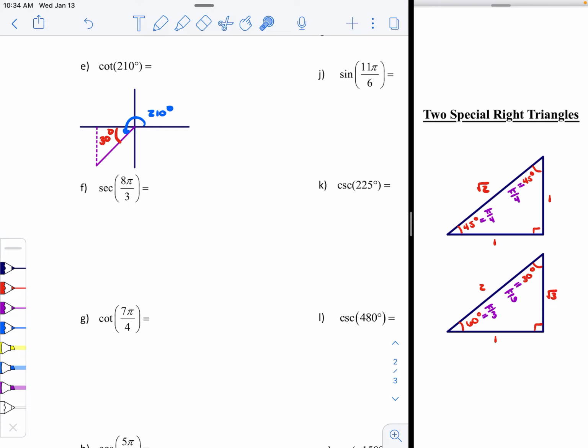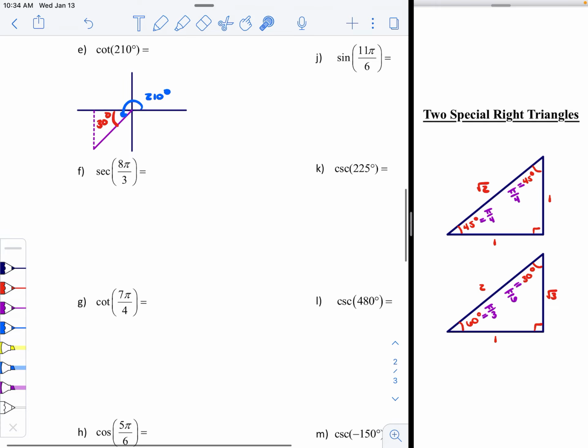If the terminal side of your angle falls in quadrant 3, you're looking for how much extra have I gone past my x-axis. In this case, how much extra have I gone past that 180 degree mark? Now let's fill in the sides of our triangle. We have a 30-degree reference angle.